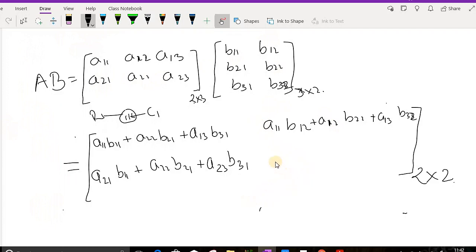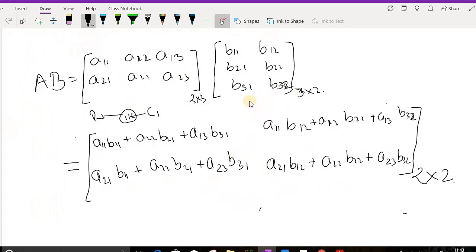That's it. This will be A21 B12 plus A22 B22 plus A23 B32. Then you just put in the numbers and find it.